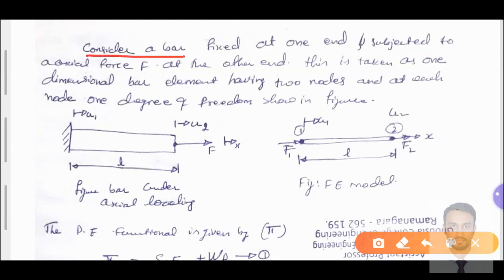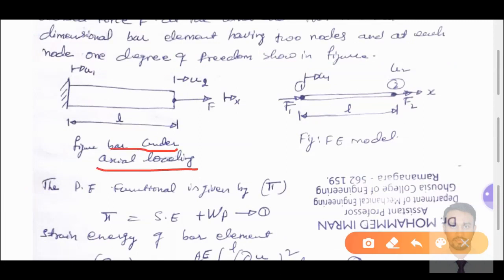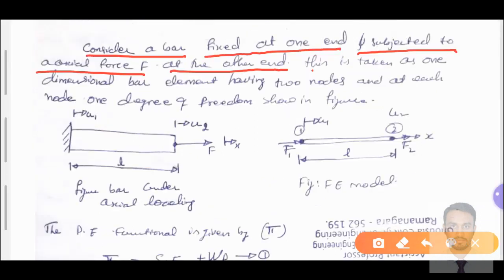So consider a bar fixed at one end and subjected to an axial force F at the other end, as shown in the figure below: the bar under axial loading, fixed at one end, with force at the free end. This is taken as a one dimensional bar element.